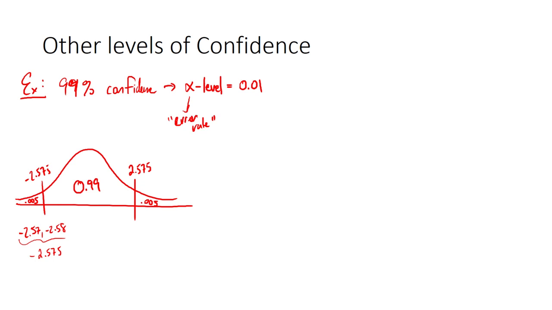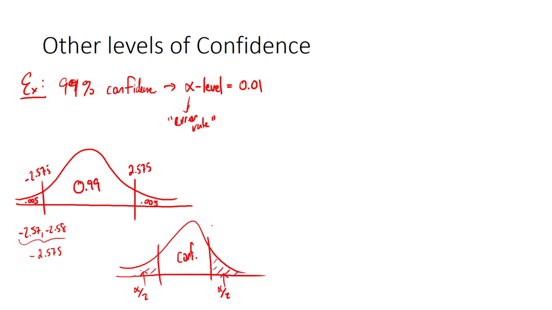So the general idea here is that you load up all your confidence level into the middle of the normal distribution, then you take your alpha level and you split it in half. And that goes into the tails.